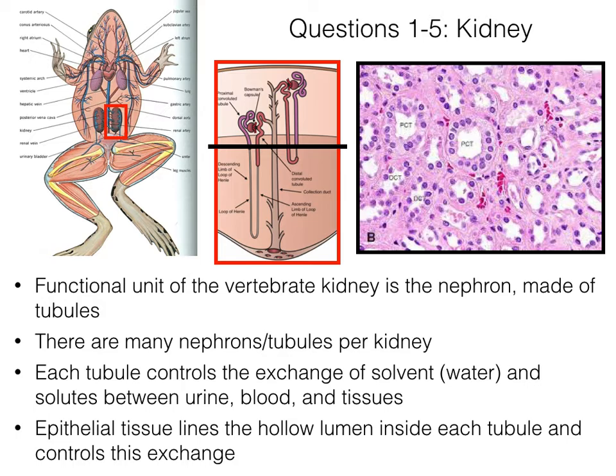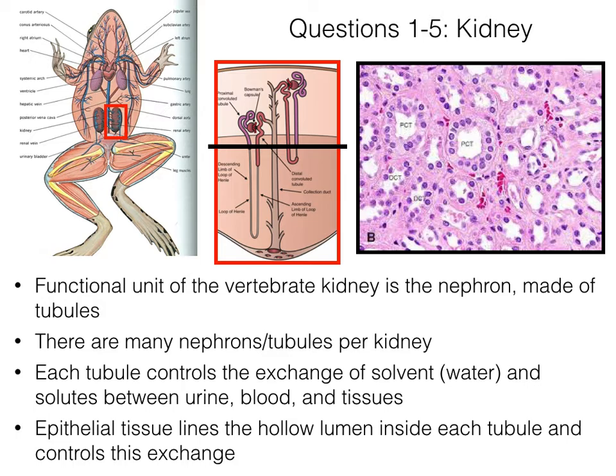Through the work of the tubule, material is exchanged between blood and the lumen of the tubule. So the solution that collects within the lumen of the tubule ends up being urine.